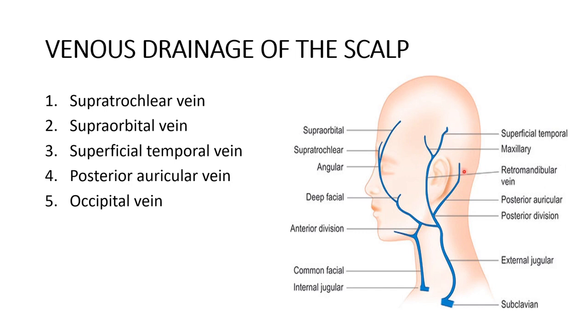We have the posterior auricular vein, which runs posterior to the auricle and it unites with the posterior division of retromandibular. When the two unite, they form the external jugular vein that is going to drain into the subclavian vein.